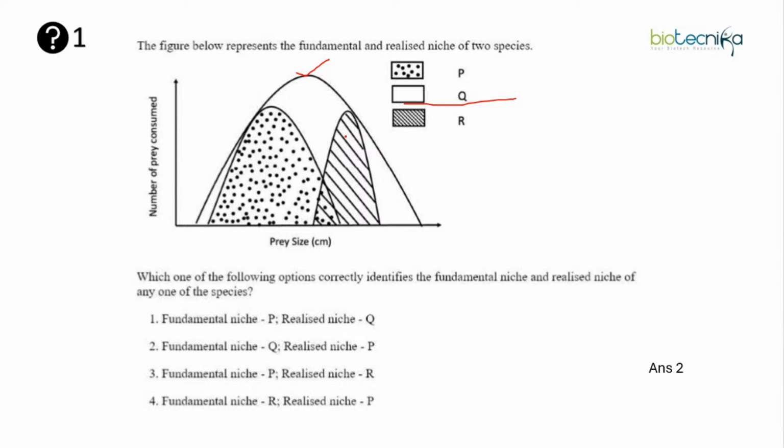They will restrict themselves only up to a particular portion of their niche, what we call the realized niche. So you can take Q as the fundamental niche, and you can take P as the realized niche. So this is the correct option. Now, if you see here, nowhere else is a realized niche given against fundamental Q. So this is the correct option.